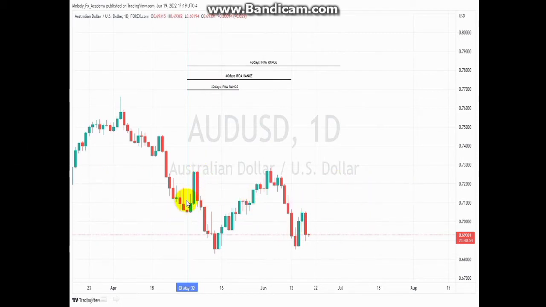You can see in the last 20 days the market has traded down, created a high and a low, and traded back into the range. Then we exceeded the 20 trading days, going into the 40 trading day range, you can see it respected the range and came back, and we are still within the 60 trading day range.